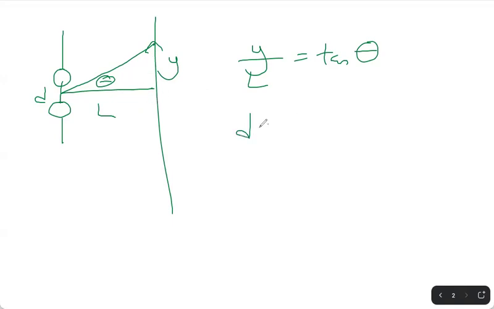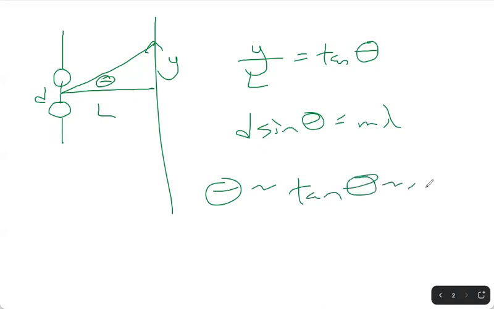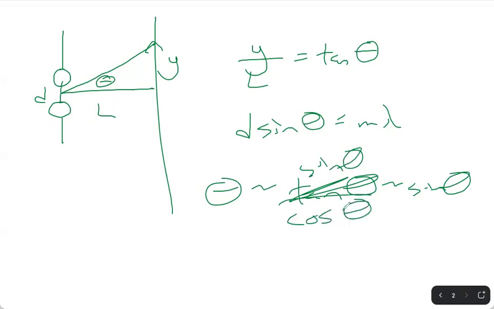And then you have the equation d sine theta equals m lambda. For a small enough angle, you do have in your formula sheet that sine and tangent are roughly equal to each other. The reason why is because tangent is sine over cosine, and when you get really close to 0, cosine of 0 is equal to 1. That's why they're really close to each other.